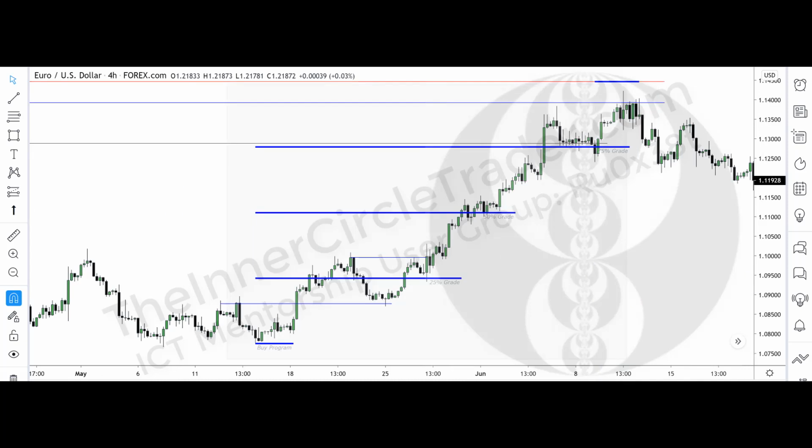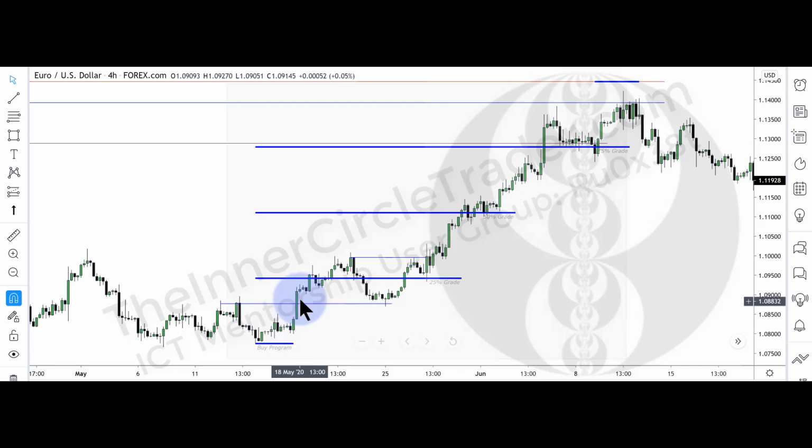All right, so we have our chart trained in on the 4-hour chart for Euro, and again we're assuming that this is the beginning of the buy program, and then we have the market breaking market structure here, and then we create an imbalance right there. So that's a buy side imbalance, sell side inefficiency. So when it goes above this high, that is a change in the state of delivery. What is it doing?